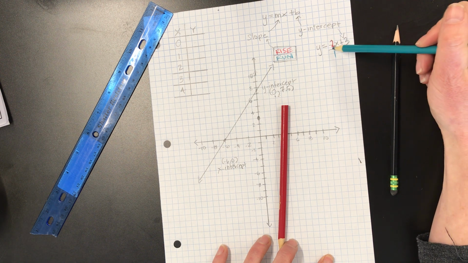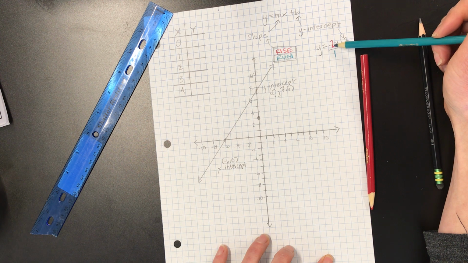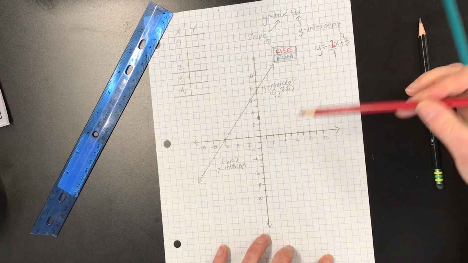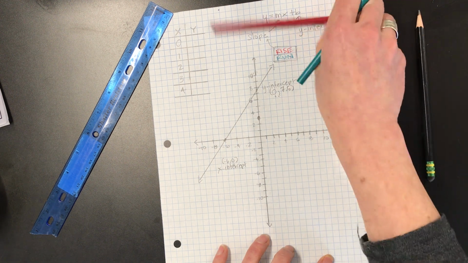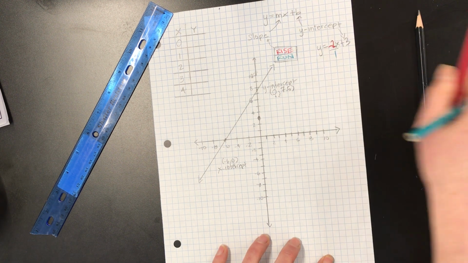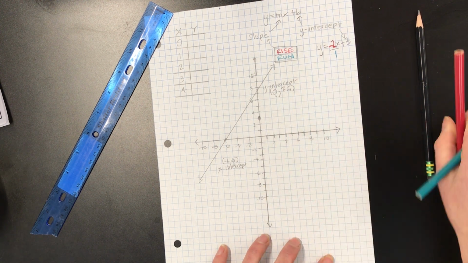The reason I like doing this for graphing linear equations is because this says I need to rise -2 in my y and run 1 in my x. Since this is a negative, that means I'm going to go down in my y as I go positive in my x.